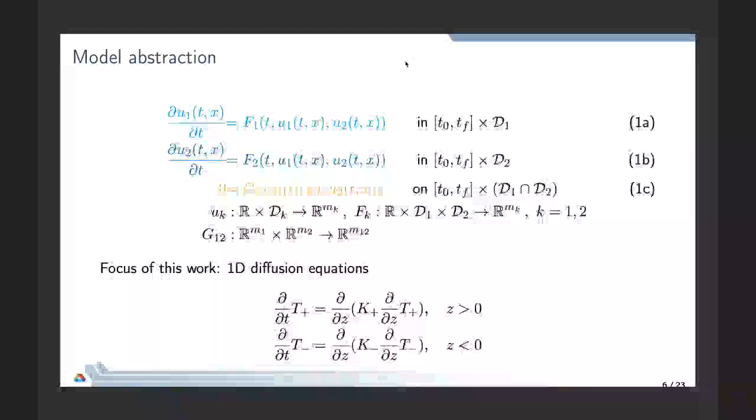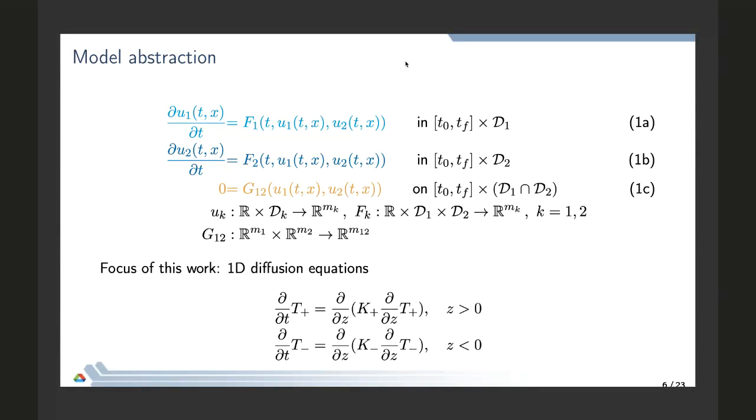So to study the stability problem, first we abstract the problem into a simplified model. This model is defined as two sets of PDEs on two domains, which are connected to each other at a common interface. In order to make this problem well posed mathematically, we usually need two additional conditions.